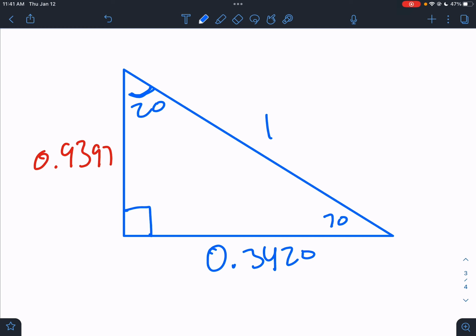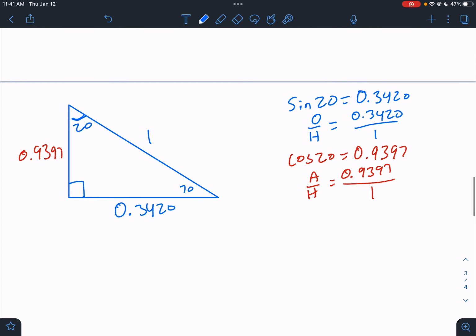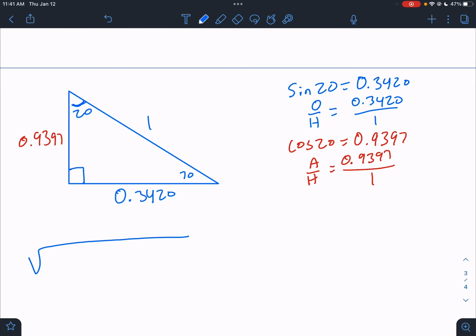Every single 70, 20, 90 is a multiple of this triangle. Every single one. Let's do Pythagorean theorem on it. Let me show you real quick. If I do 0.9397 squared plus 0.3420 squared, I type that in, I hit enter.